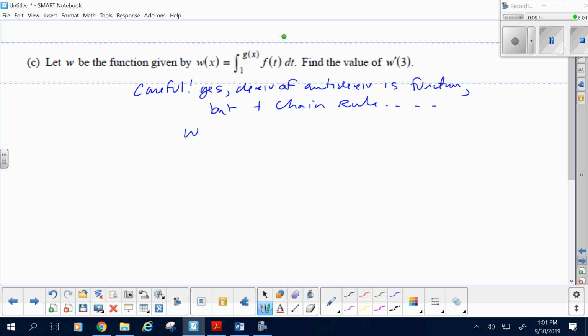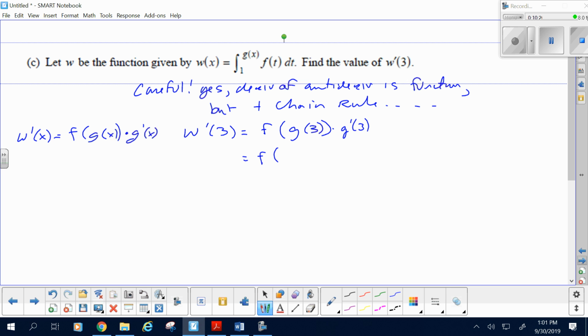W prime at 3, what is it? F of G of 3, or actually if you did this generically first, all the better. F of G of X, but then times G prime of X. We chain rule, oops, yeah, okay, are you with me? Or if you like here. So F at, what is G at 3?